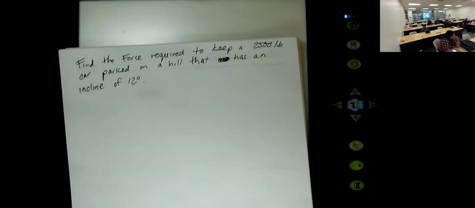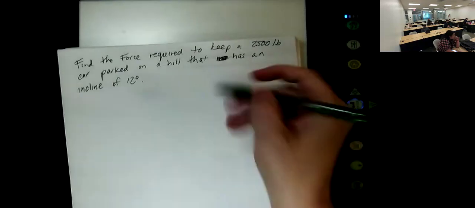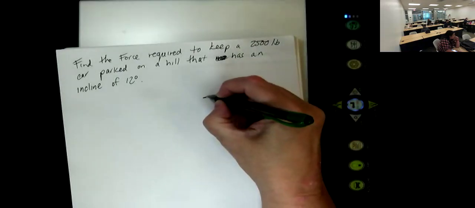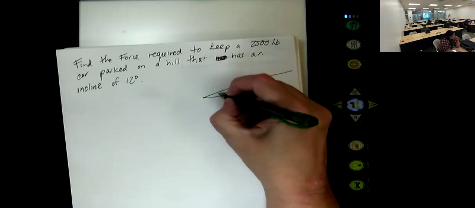A picture really helps this a lot. 12 degrees isn't very steep, but it's steep enough.